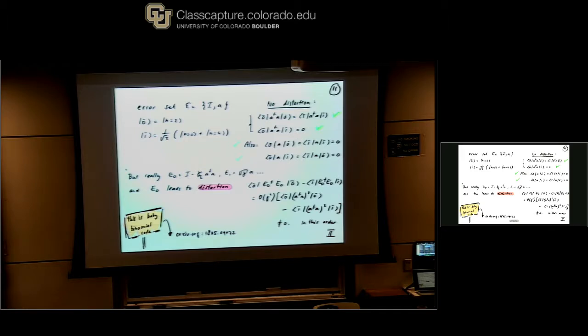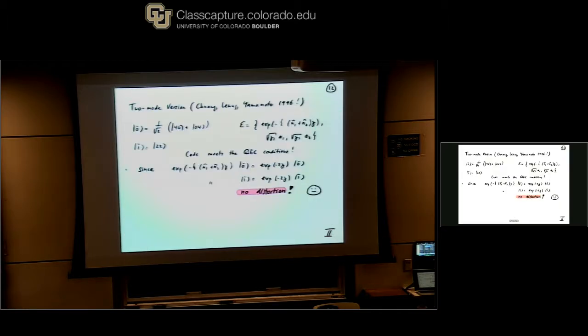And if you do this for this code, I now apply this error E0 on it, and you can verify, because I now have N1 plus N2, that's 4 here, it's 4 there, and it's also 4 there, right? So it gives you just the prefactor, it doesn't distort the state.